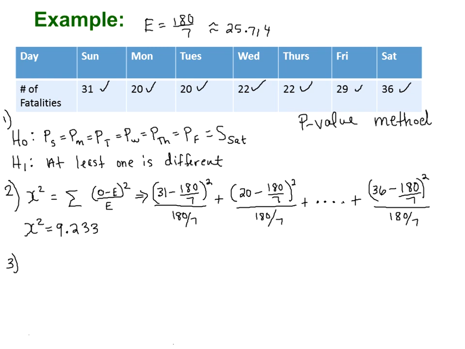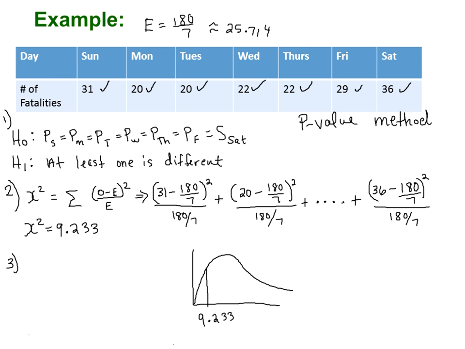So remember that the p-value, remember this is always a right-tail test. Okay, so if you're looking at the p-value method, and this is always a right-tail test, 9.233, that's our test statistic.